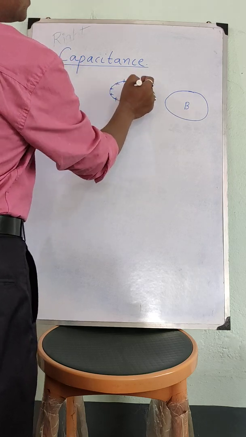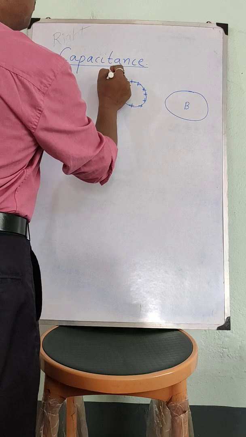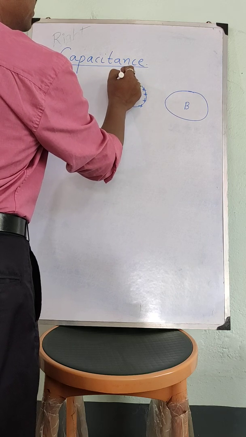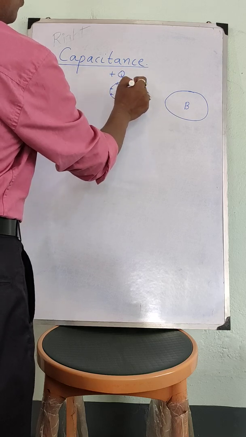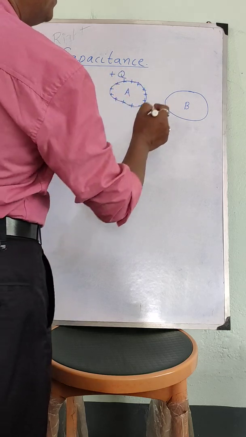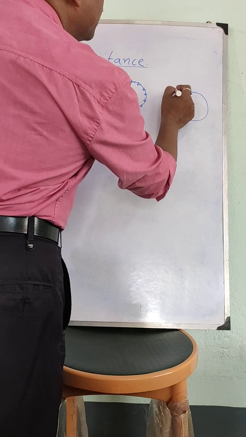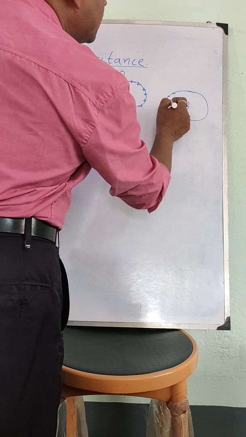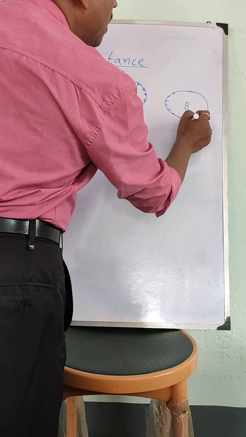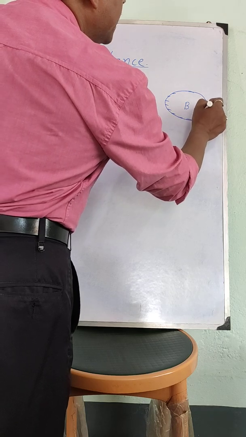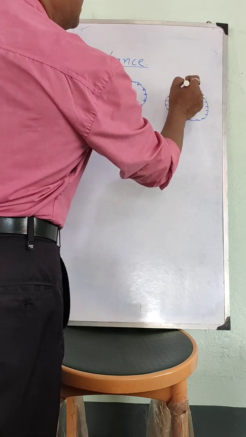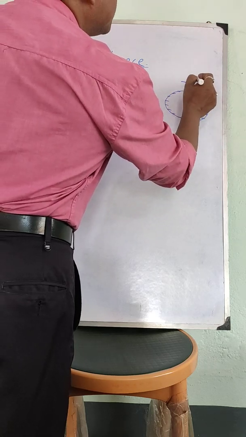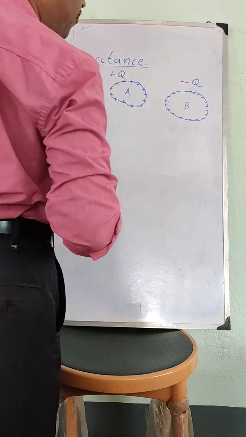So here suppose the net charge is plus Q. The net charge placed on conductor A is plus Q, and here I am putting negative charges. Those negative charges will reside on the surface, and the net negative charge is suppose minus Q.